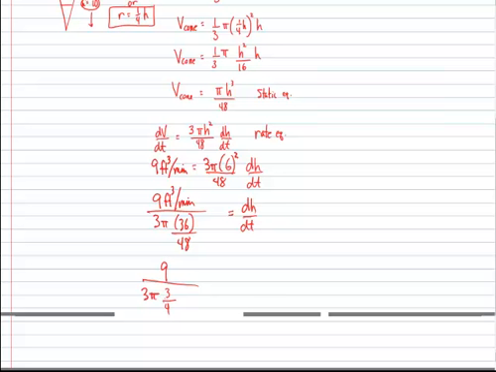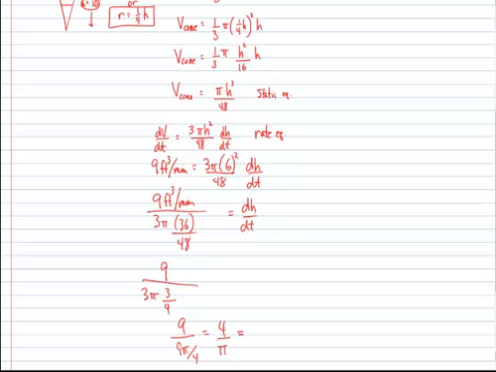This will be 9 over 9 pi over 4, which equals 4 over pi, and that will equal our dh/dt.